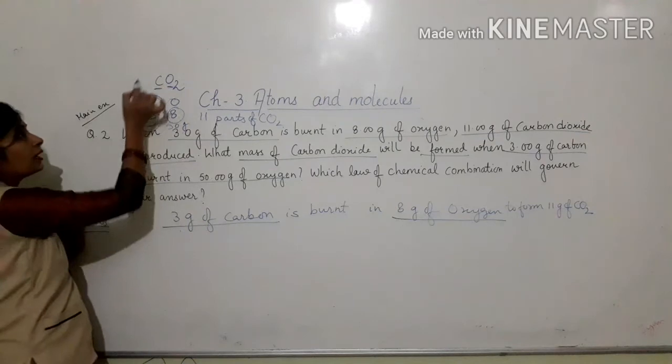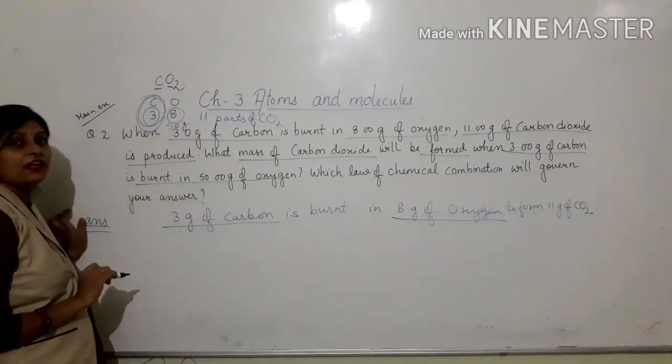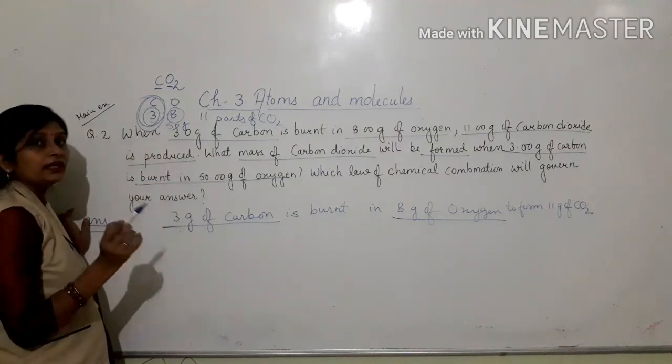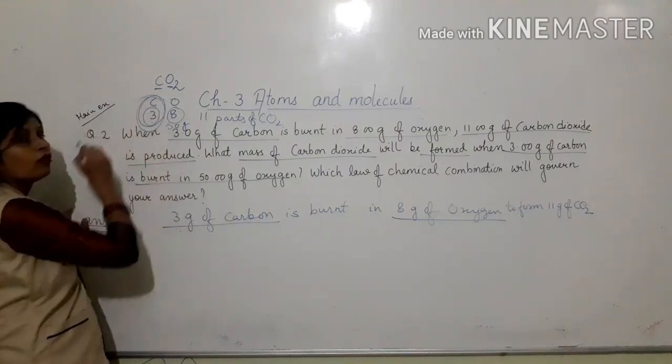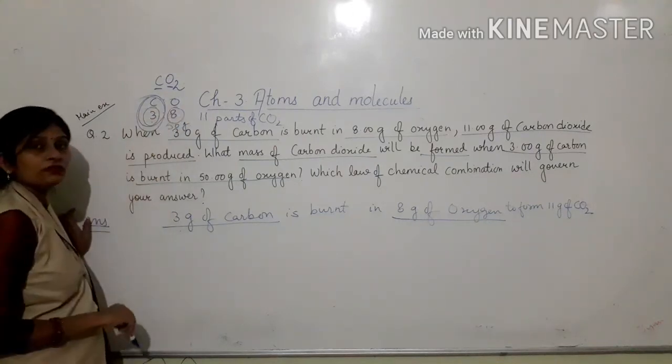Means in carbon dioxide, carbon and oxygen are always present in definite or fixed or constant proportion by mass, that is 3 is to 8. It means 3 gram of carbon require only 8 grams of oxygen.